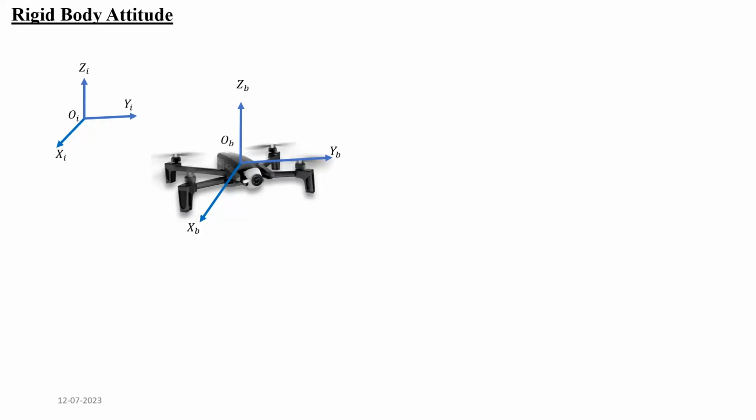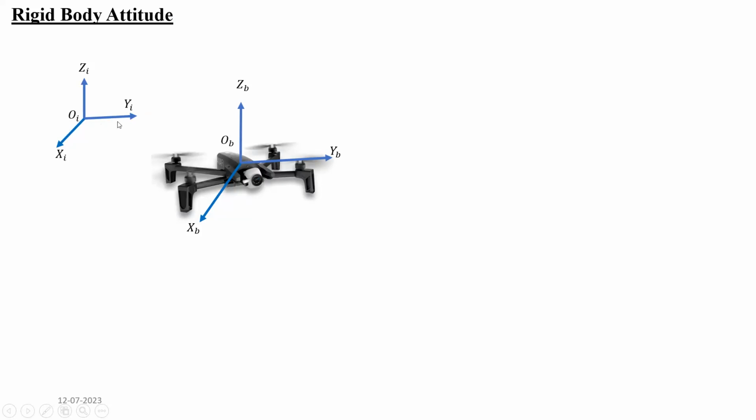So now we'll move to the main content: how we will develop the attitude of any robot, drone, or rigid body, what attitude is first, and how to formulate that attitude. Let's say, to formulate the attitude of a rigid body, we need at least two frames. One is the inertial coordinate frame, and the other is the body coordinate frame.